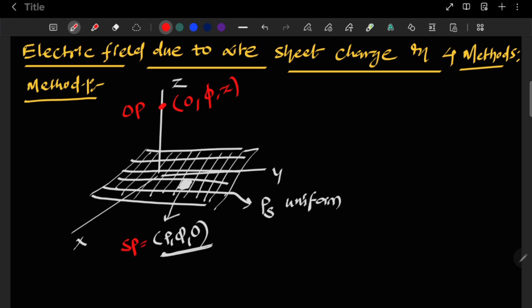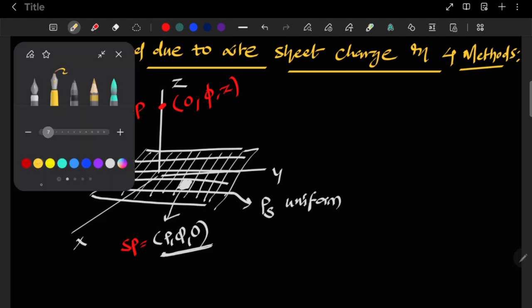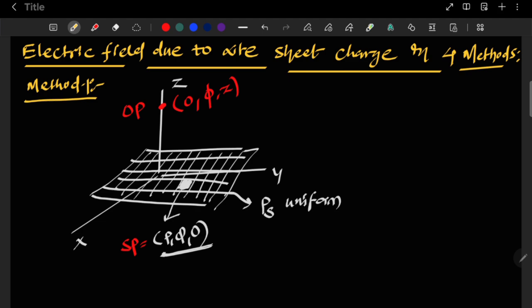Then we need to find the electric field at the observation point due to this particular infinite sheet. So this is the establishment of the problem. Now how to solve, we will see. So I will draw the r bar which is joining the source point and the observation point.